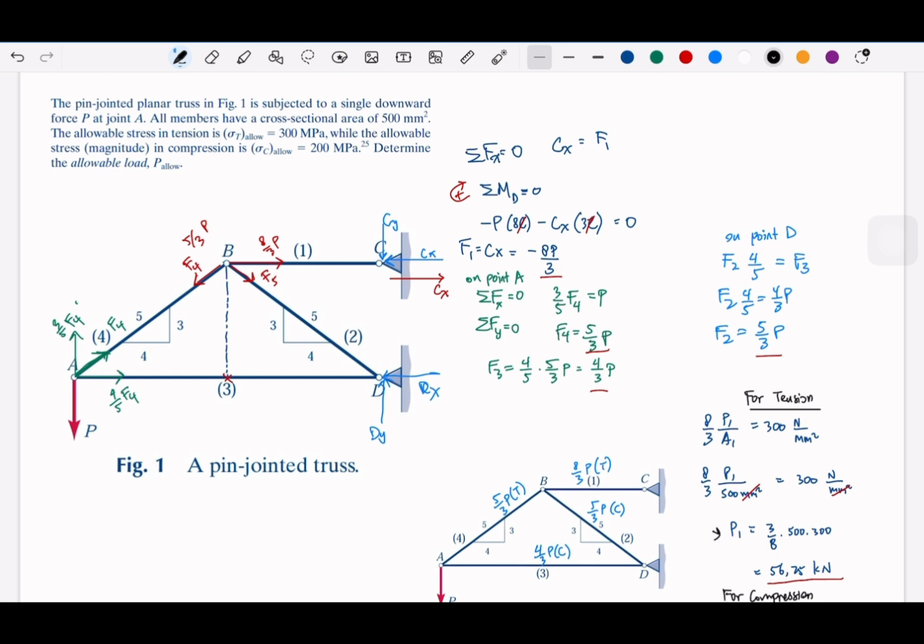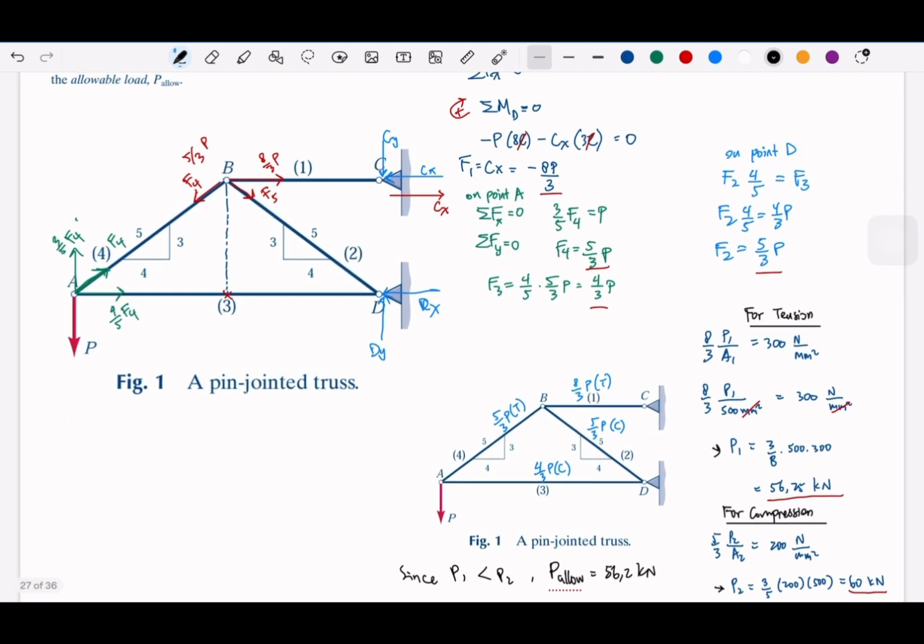With compression and tension, it has different allowable stress, and then we could pick the number that is going to be the lesser one. So since B1 is less than B2, B6, then we are going to take this as our allowable load.